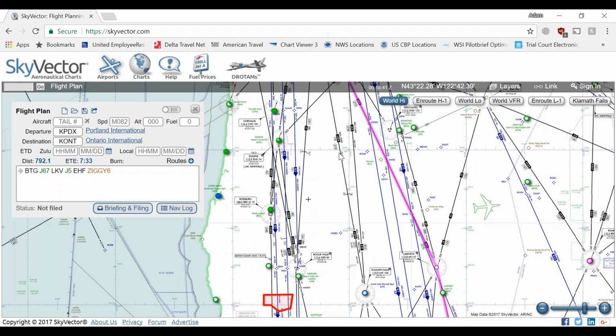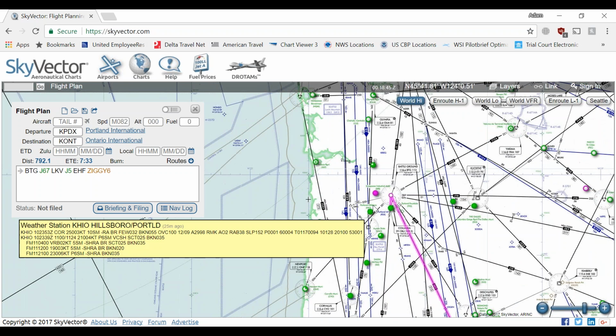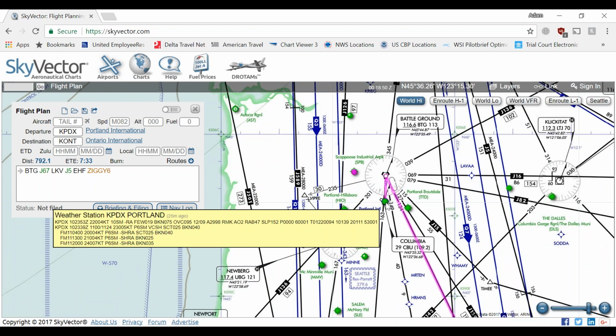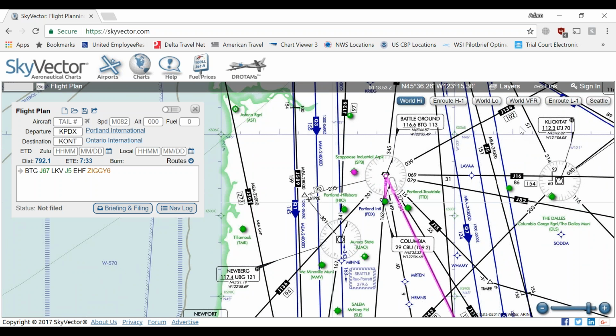Just zoom out. Okay. So if I'm here, and this is the high chart, I'm looking at Portland. It's right here, this green dot. Let's say I don't have a route in there, so I'll clear this out for right now. What I want you to look at is, okay, what's the closest VOR to Portland that has jet routes I can use? That's all I really want you to do.